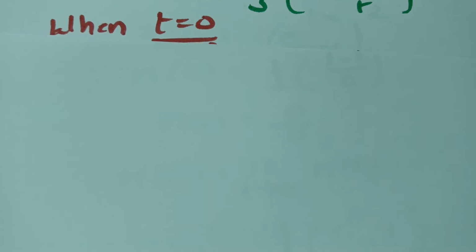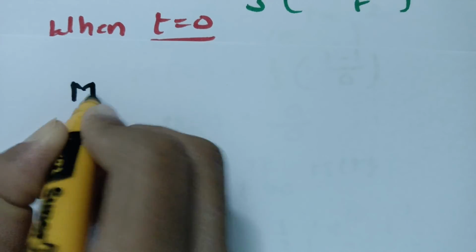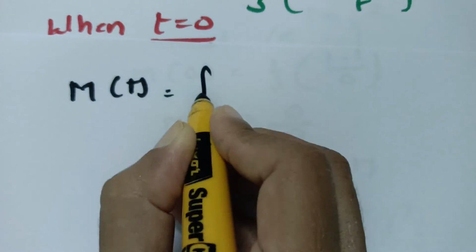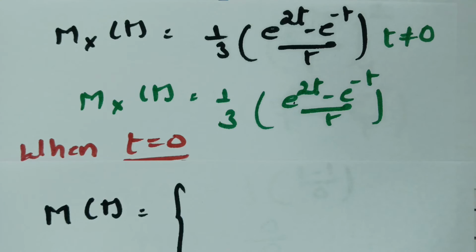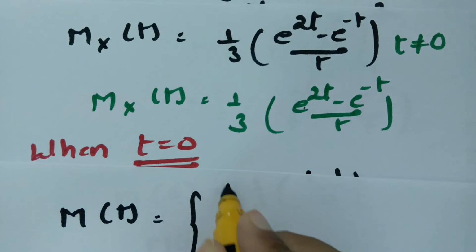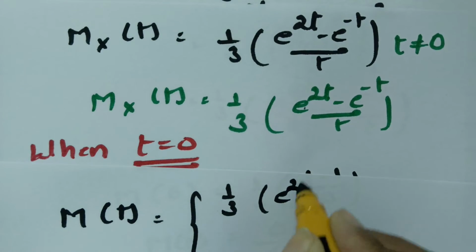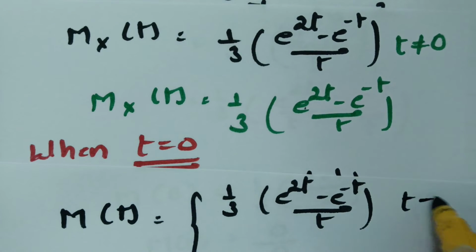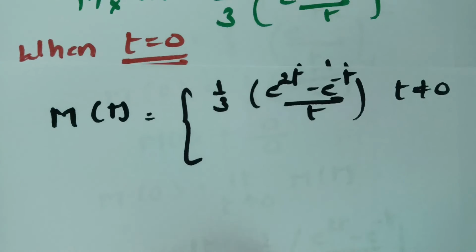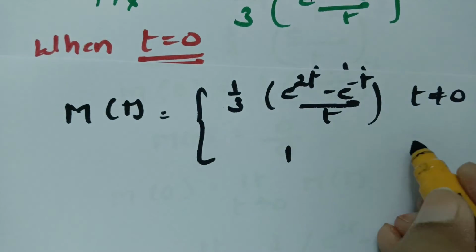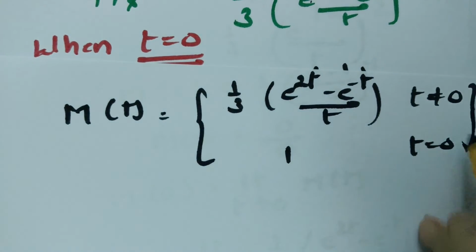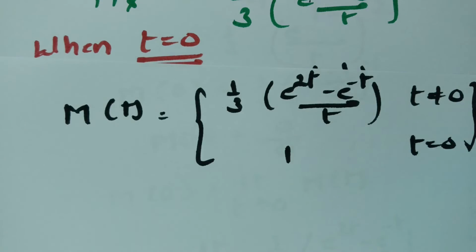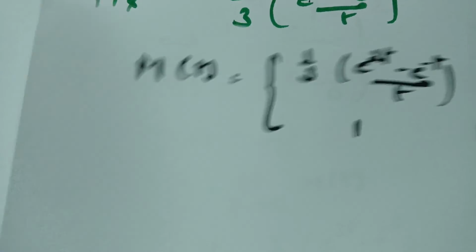Therefore our moment generating function, M of t, is equal to 1/3 times (e power 2t minus e power minus t) by t when t is not equal to 0, and the value of M of t is 1 when t is equal to 0. This is the function value, and this is what is asked in the question to prove.